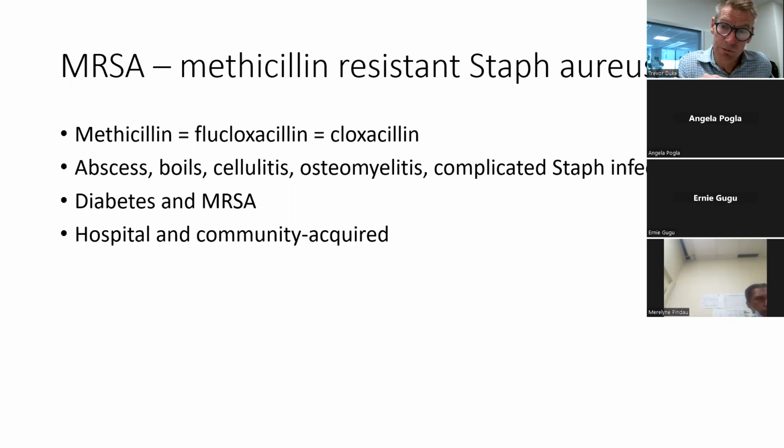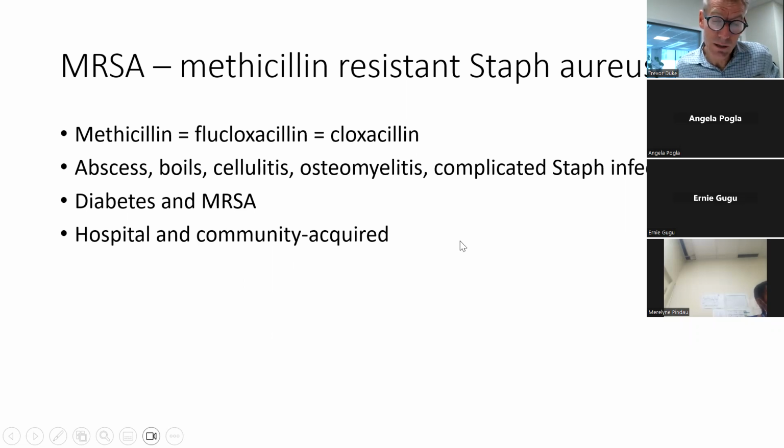Even when the child's coming from the community, often, hopefully, it'll be MSSA, that is methicillin-sensitive Staph aureus, but sometimes it'll be MRSA. That goes for whether the infection is hospital-acquired or community-acquired.